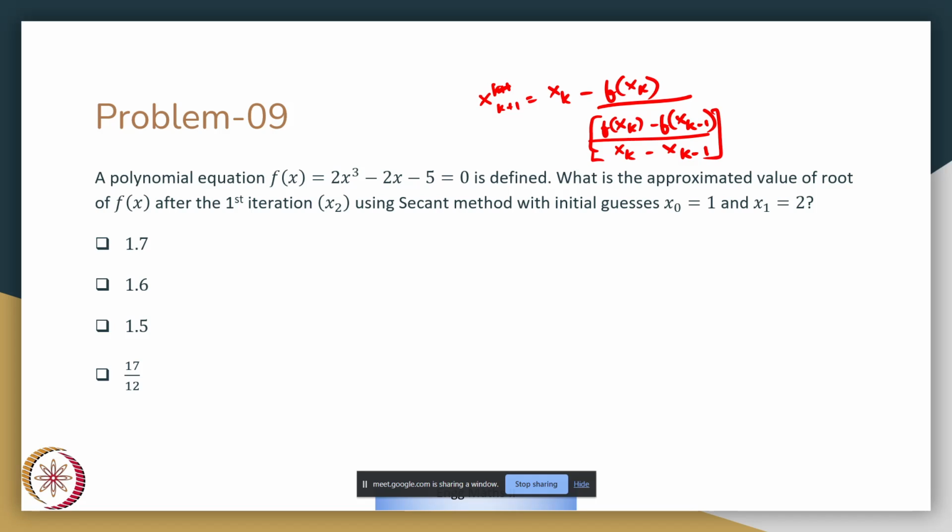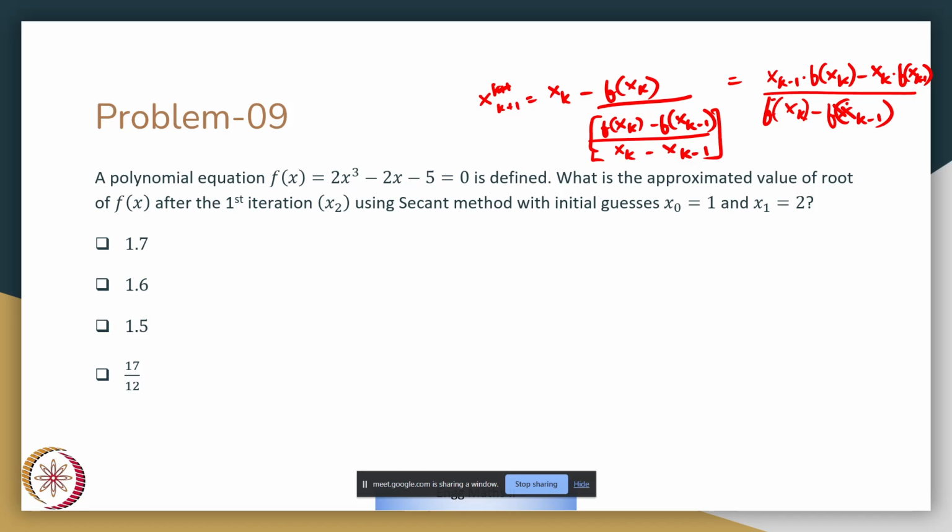Now, if you simplify this, it essentially turns out to be xk minus 1 into f of xk minus xk into f of xk minus 1, upon f of xk minus f of xk minus 1.